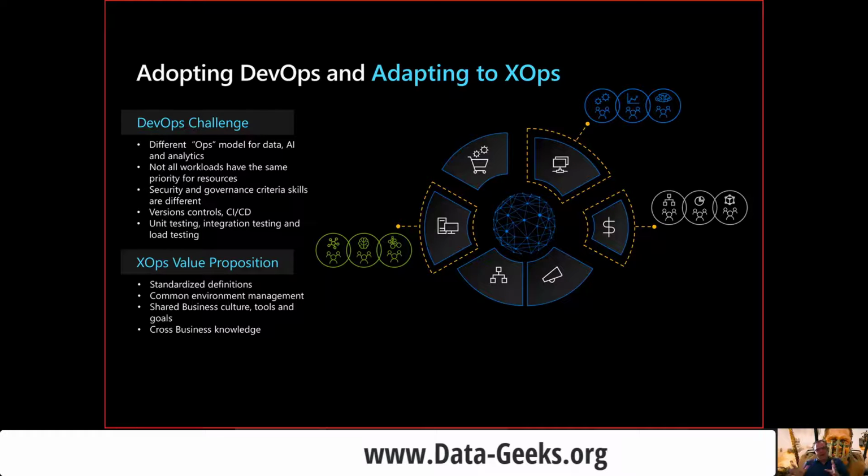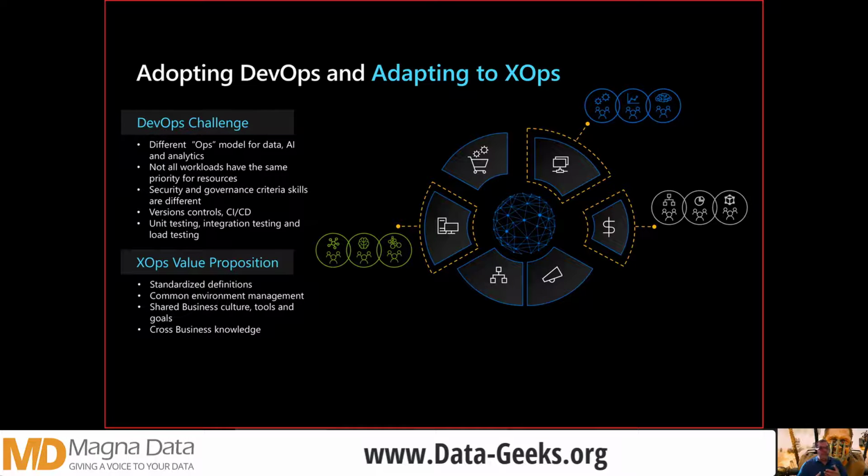And if you take all of these individually and try to implement them separately, you get into a rut where not all of them have the same workload requirements. They don't share the same requirements on infra. They don't share the same requirements on security and governance.